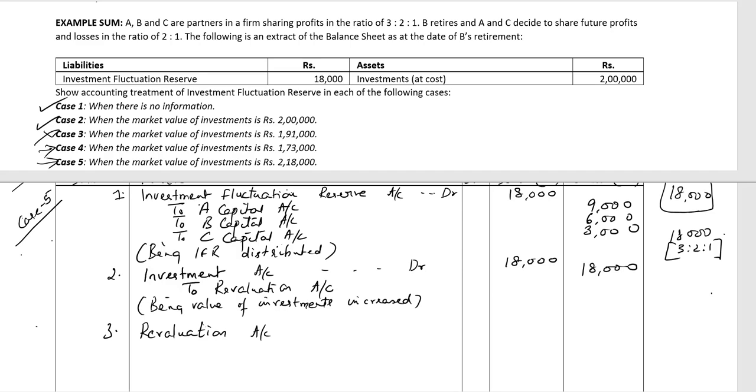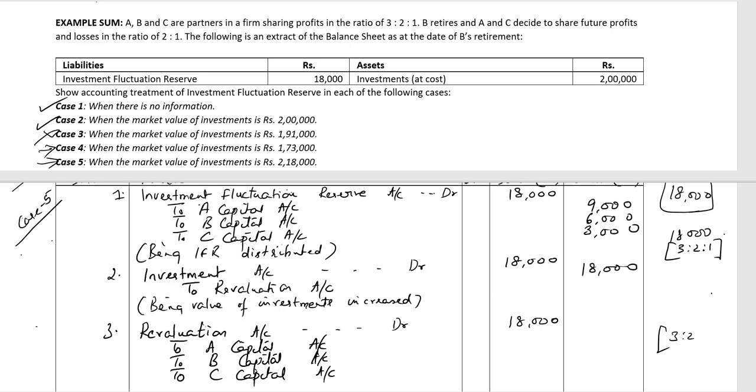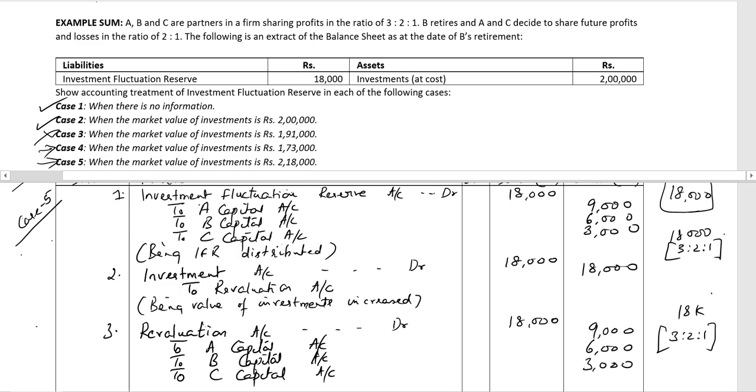Revaluation account debit to A capital account, to B capital account, to C capital account. 18,000 gain to be distributed in OPSR 3:2:1. 9,000 rupees against partner A, 6,000 rupees against partner B, and 3,000 rupees against partner C.